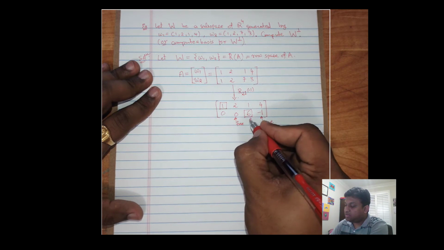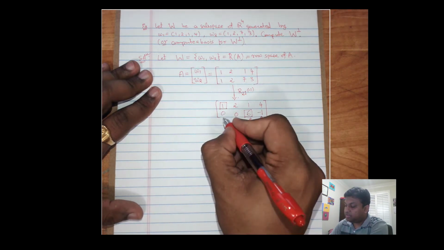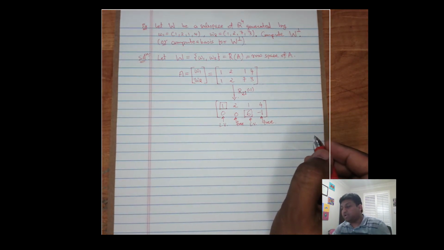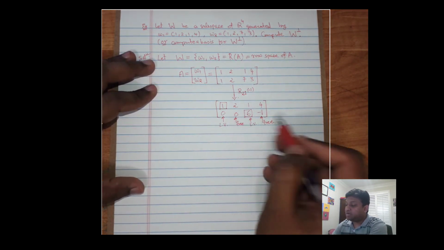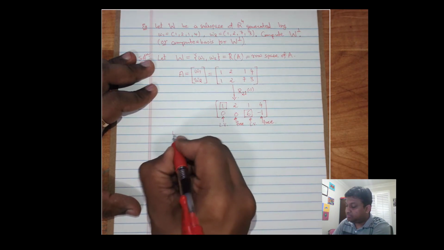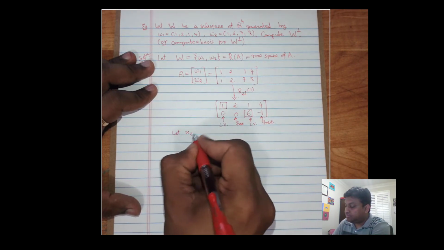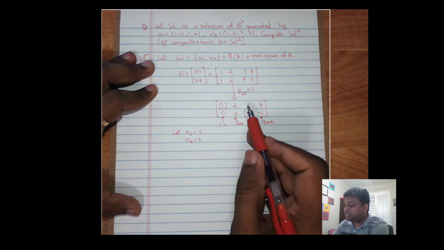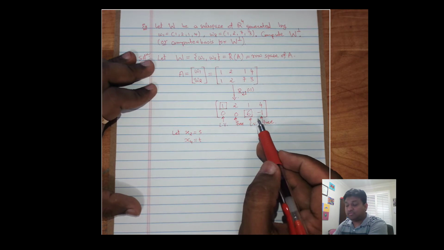This one is the leading variable, and that one is a leading variable as well. My goal is very clear. I'm going to assign a parameter to the free variables. So let x2 be s, x4 be t, and let's solve the leading variables in terms of the free variables.